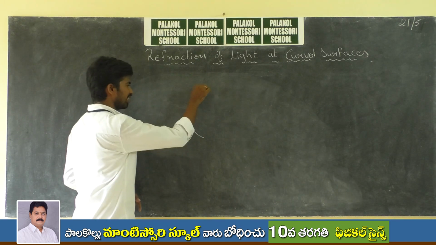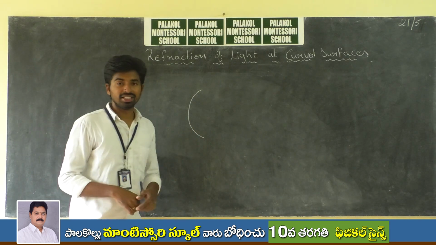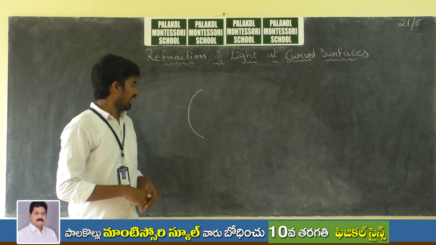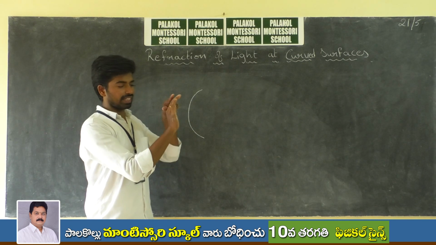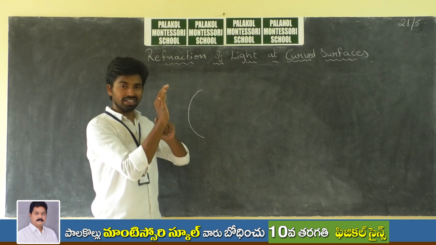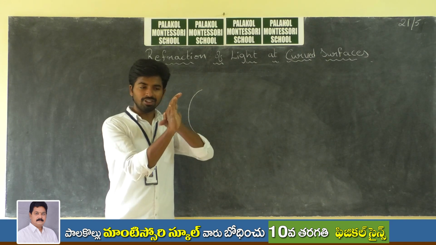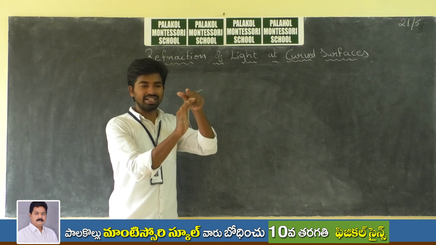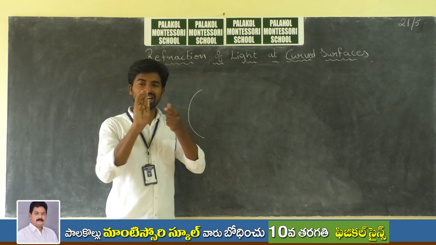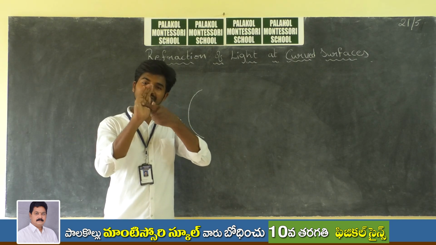I have considered a spherical curve, and this spherical curve will have two surfaces. One is a bulging surface and the other has an inward bend.